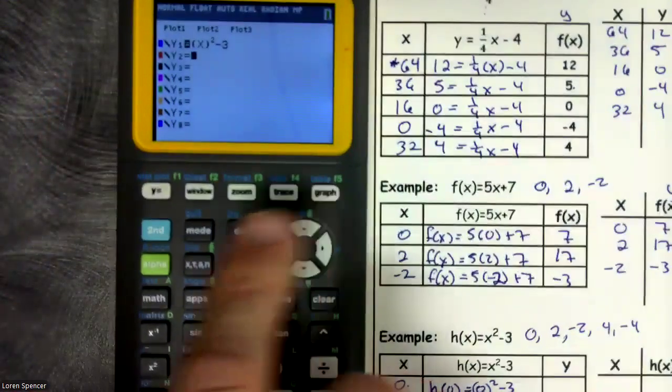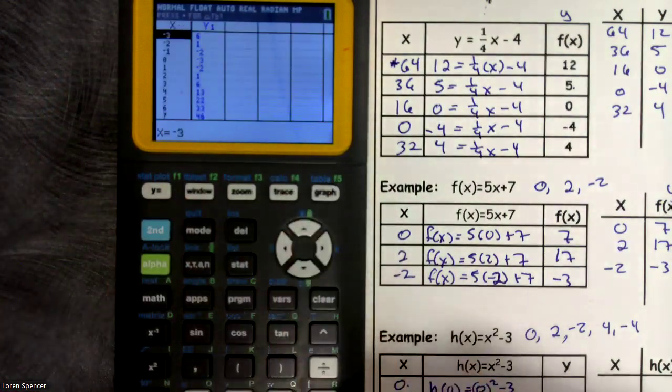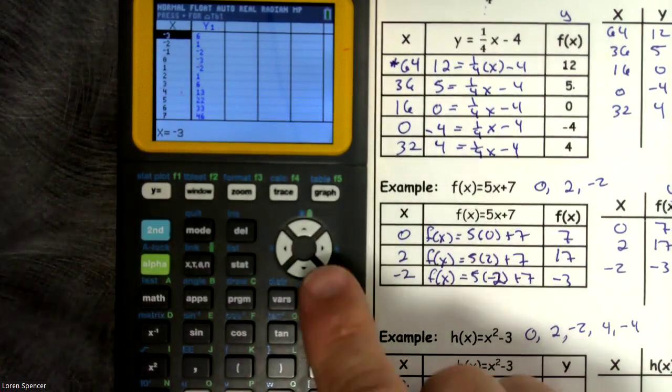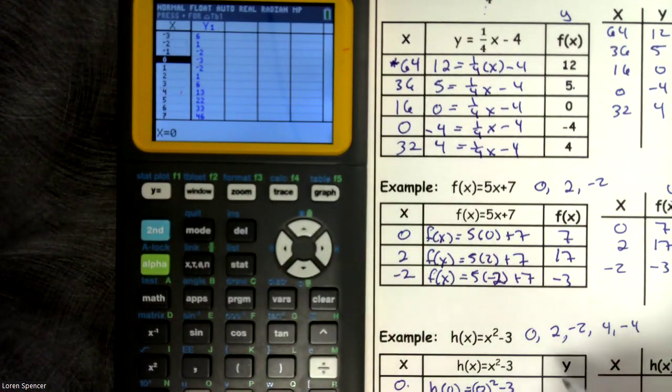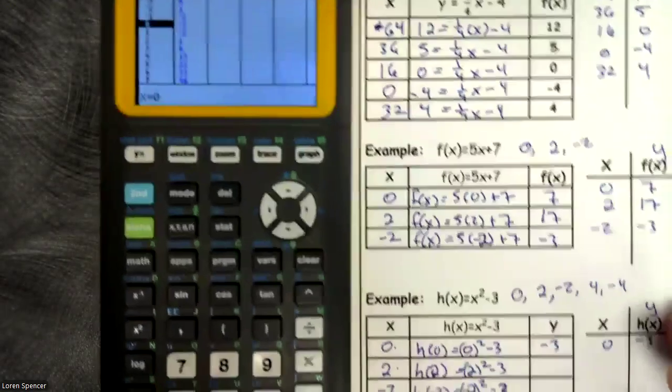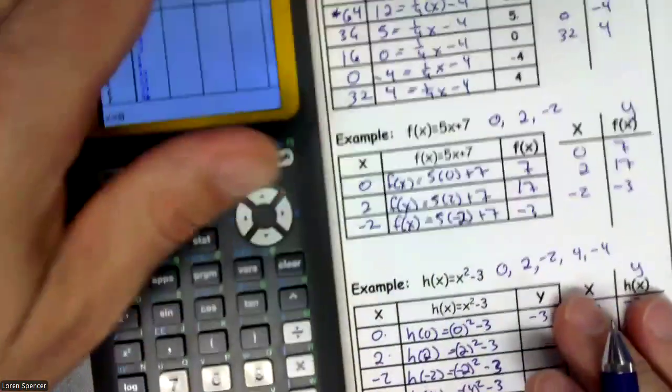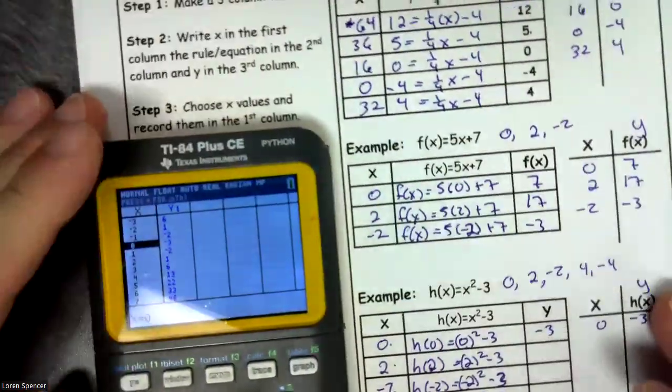So by now you're probably pretty used to going second graph. And at 0, we have -3. All right, and remember that's the same as saying h of x. So this is 0 and -3, and remember that's the same as saying y. Scroll that down just a little bit.